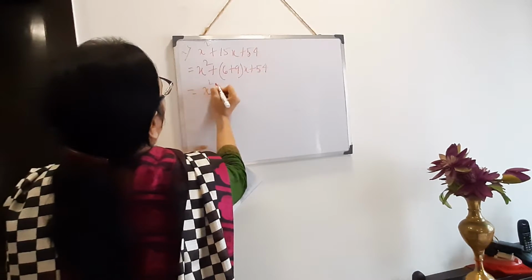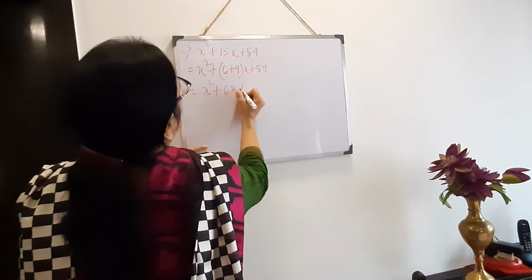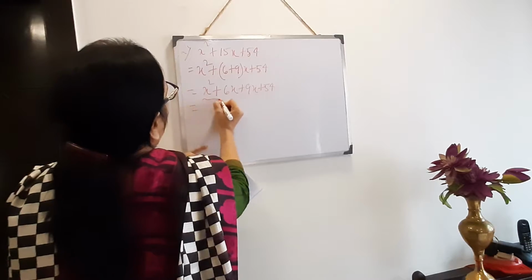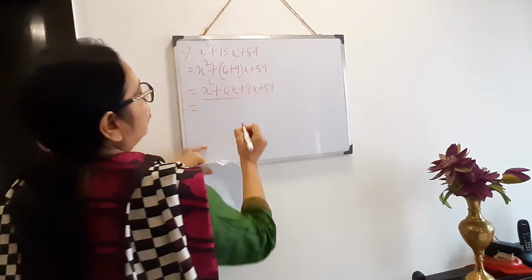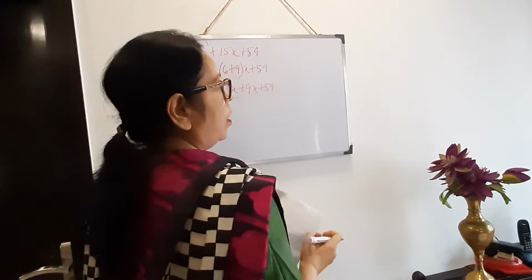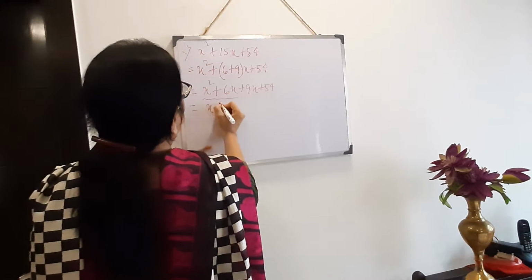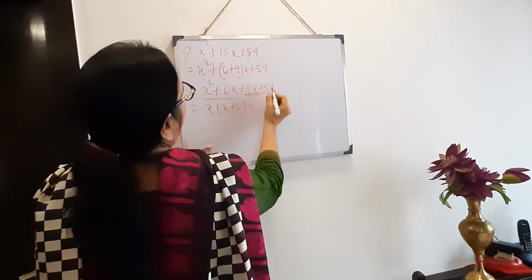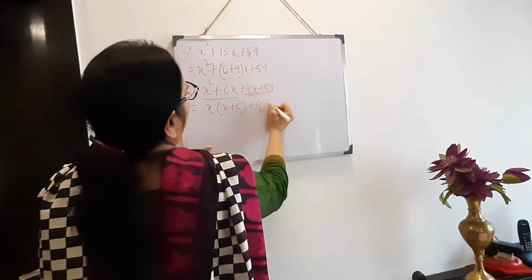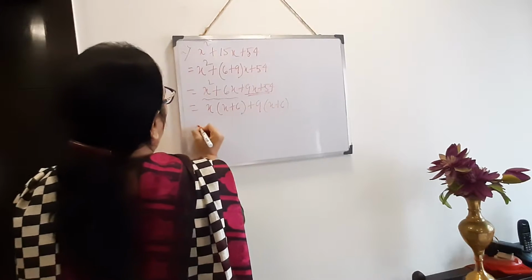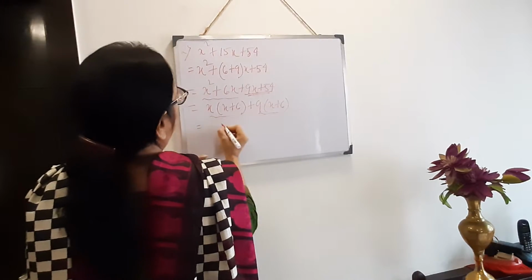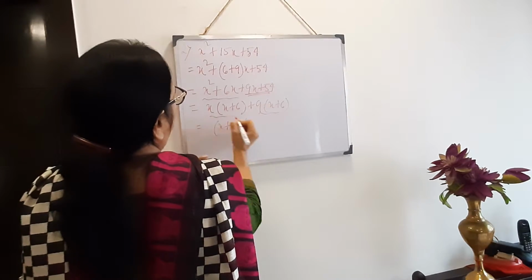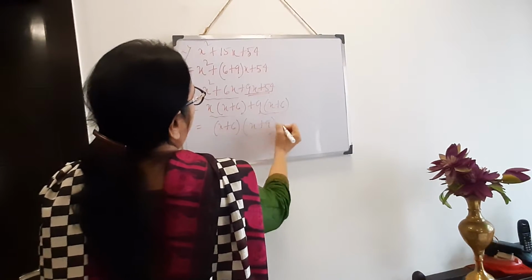Then third step, what to do? You have to open the bracket. Then fourth step, from these two terms you have to take maximum common. So here x common, x plus 6, and from this you see 9 common, so x plus 6. Now from here and this term, x plus 6 is common, and what is left here? x and plus 9. Clear?